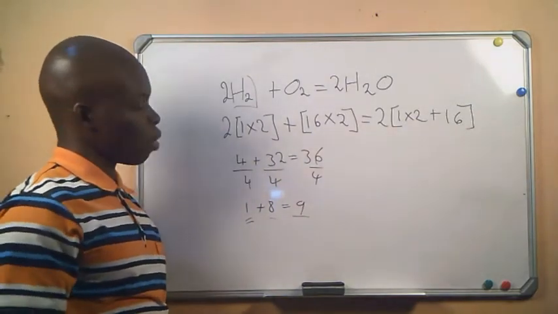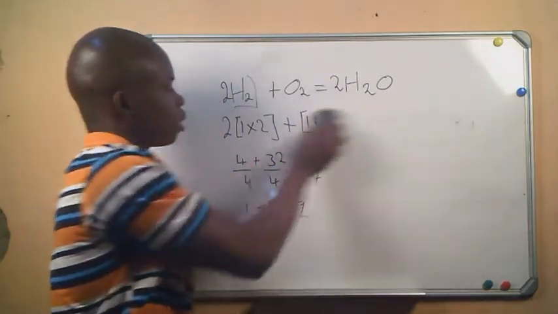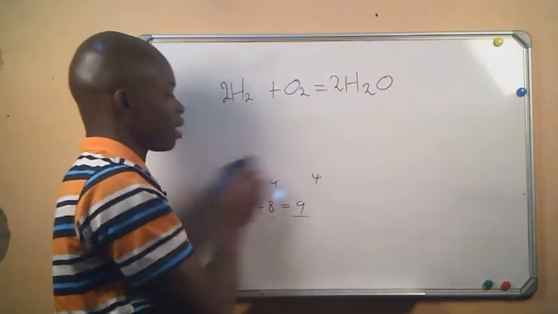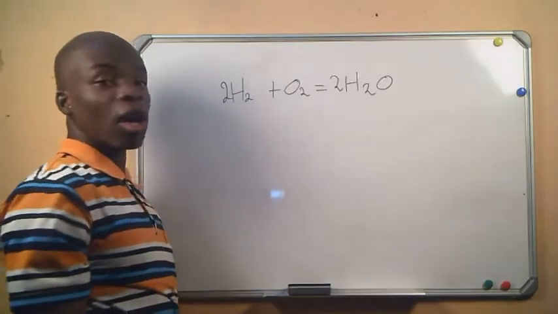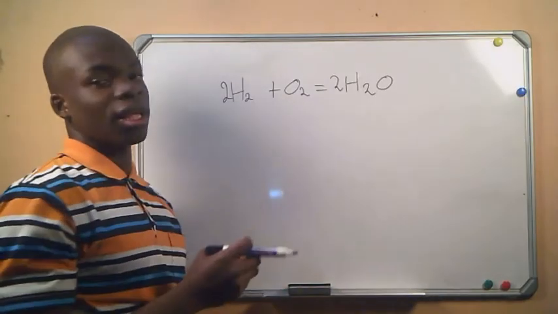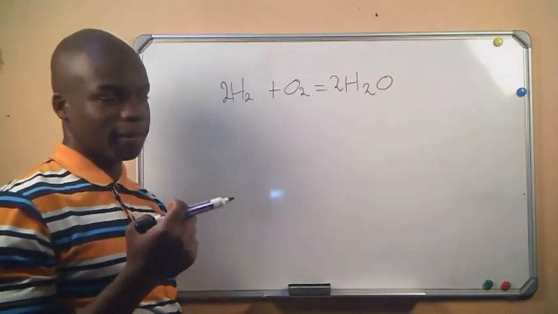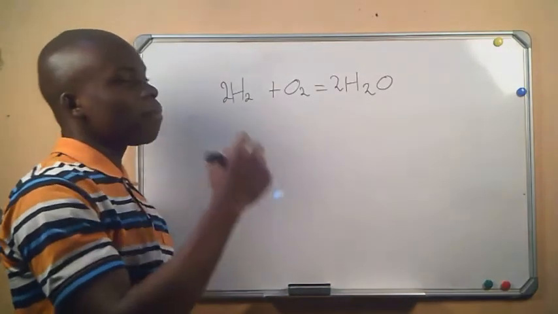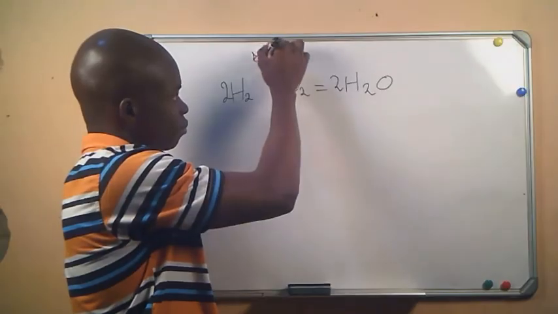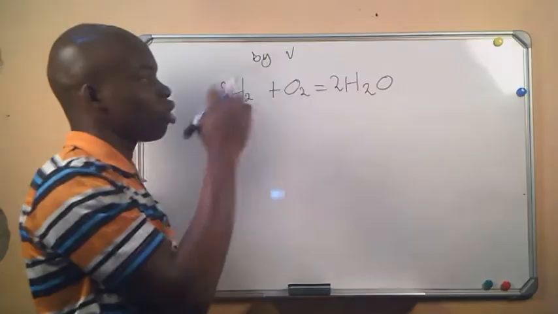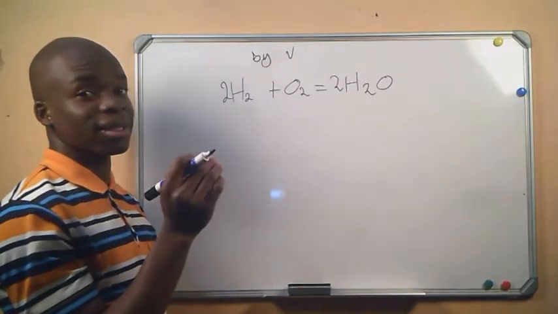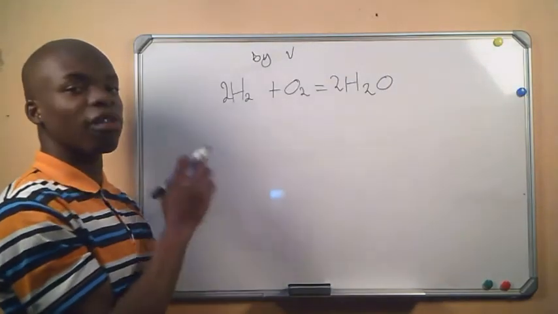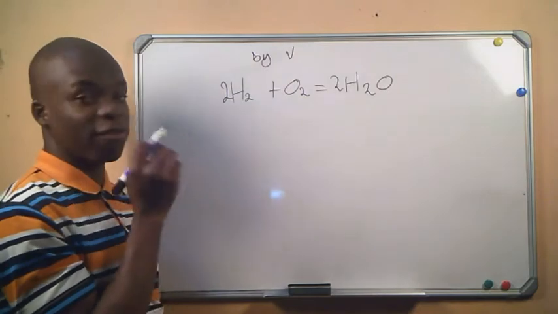Same molecule, hydrogen. We want the amount of oxygen to completely burn the hydrogen by volume. The one we just did was by mass. Now we want the amount of oxygen required by volume.